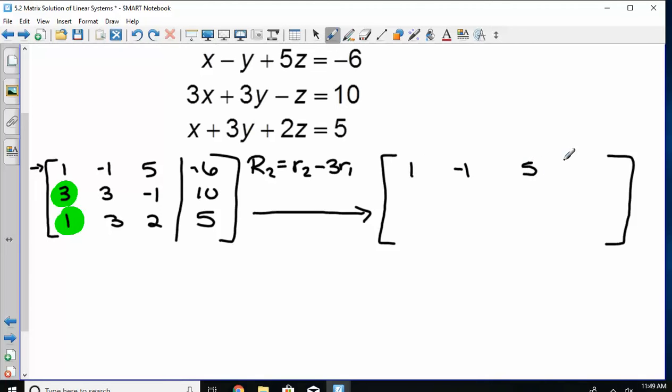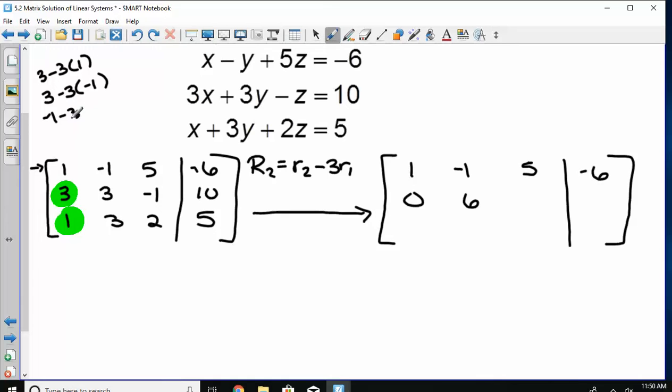So row 1 isn't changing. 3 minus 3 times 1 gives you a 0. 3 minus 3 times negative 1 gives us 6.